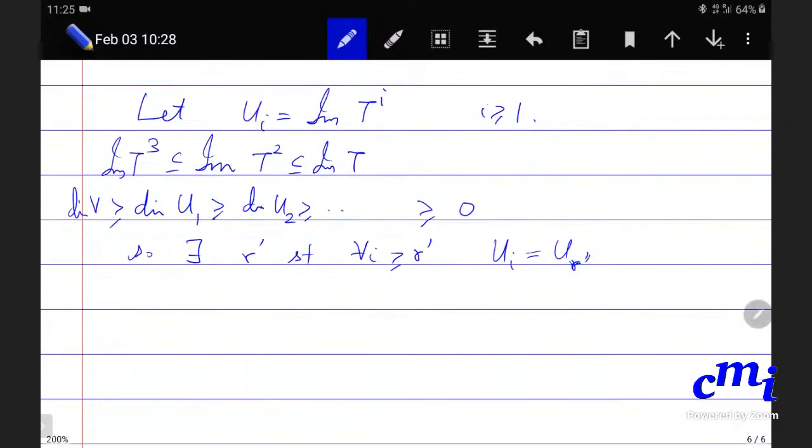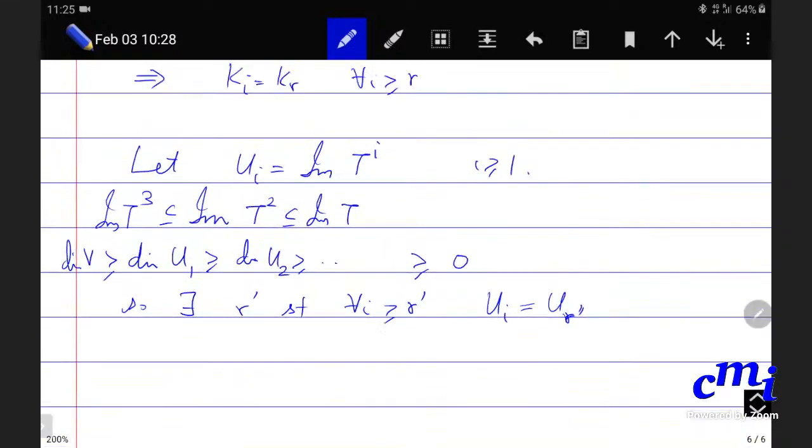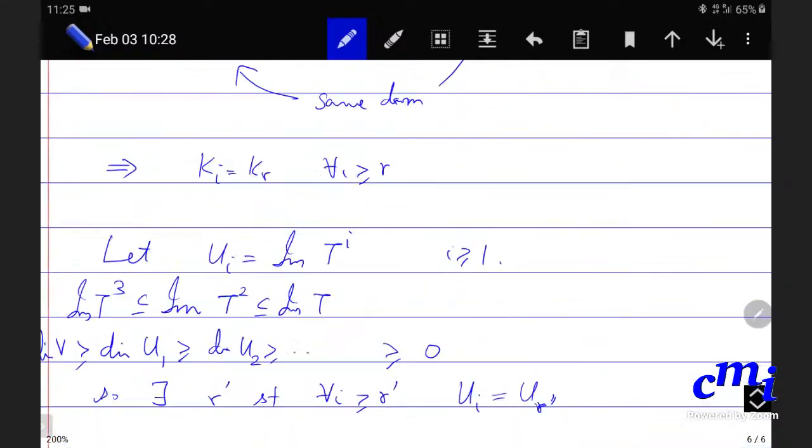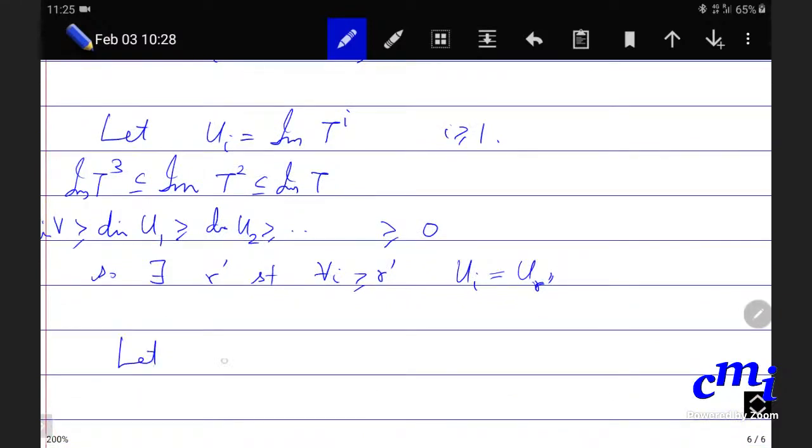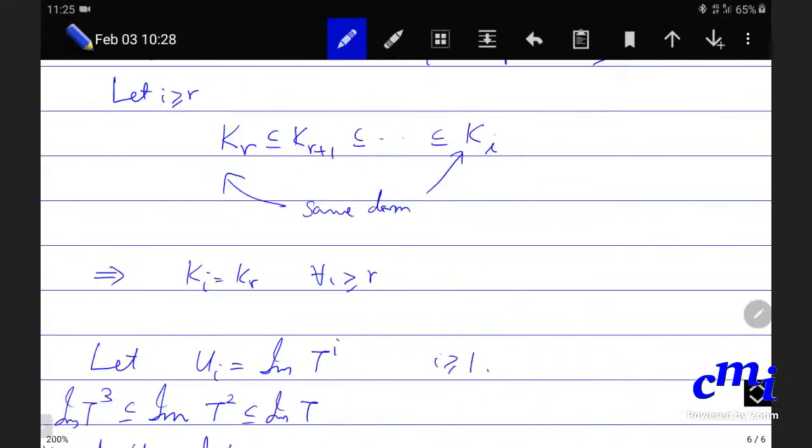Okay, and choosing the bigger of R and R prime, let M be greater than or equal to the max of R and R prime. Okay, so then this holds and this holds.